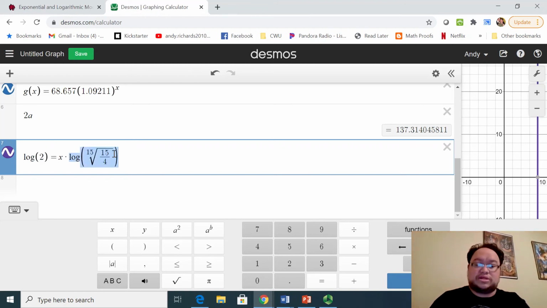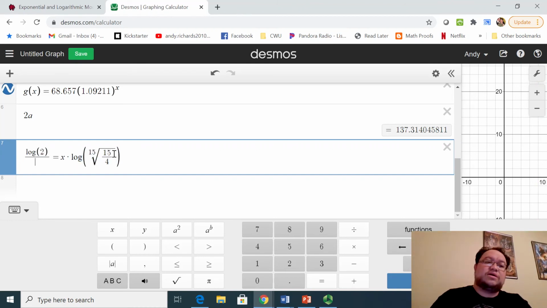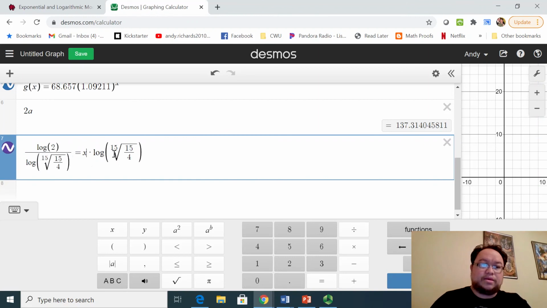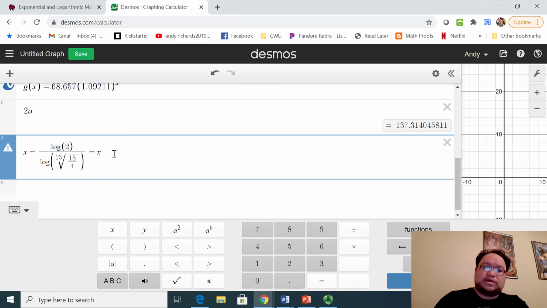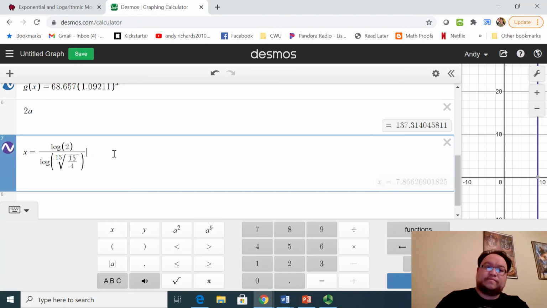I can just take this thing and divide it over. And you might find yourself in the situation in Desmos where you have your variable on the right-hand side. I can make this go x equals like this, and then it'll calculate that out for me, right?